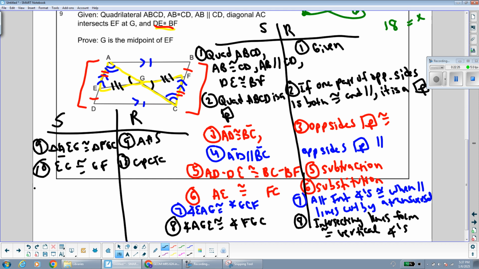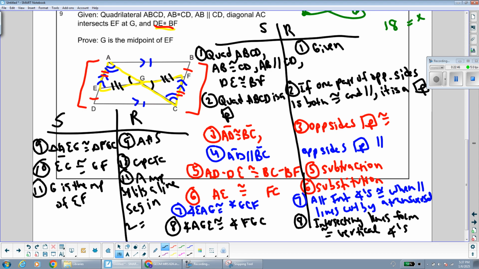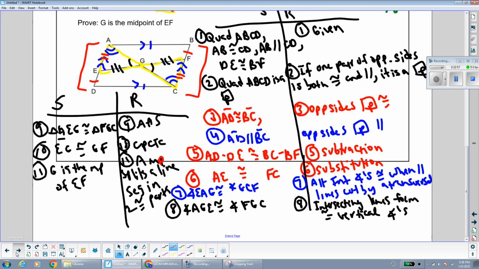And from there, we can say G is the midpoint of EF because a midpoint splits a line segment into congruent parts. And that was a long one, but that's it for that proof. Not that bad, just long.